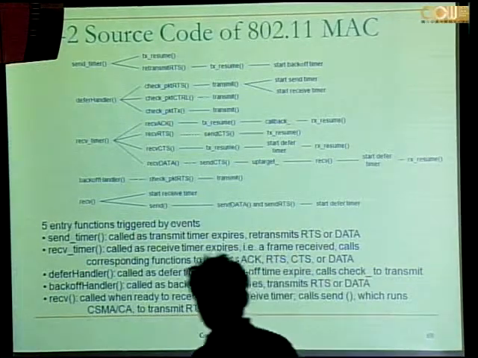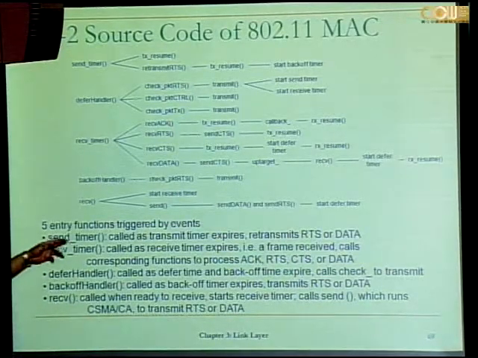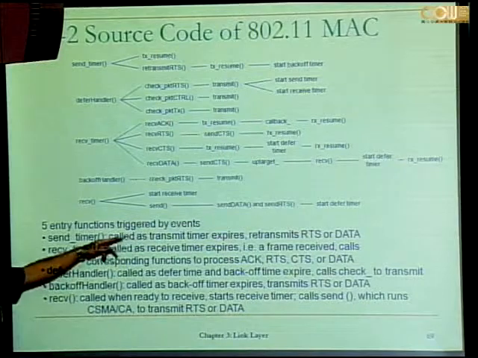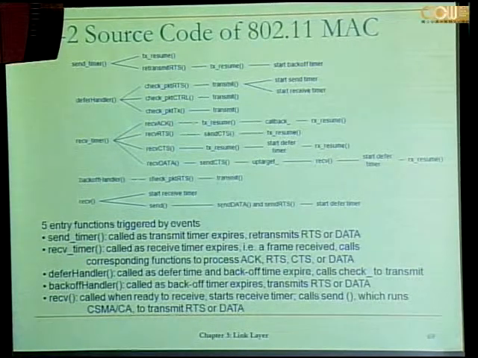And these functions are triggered by events, so they are called at certain instances. For example, if the transmit timer expires, then this will be called. What does it mean that the transmit timer expires?